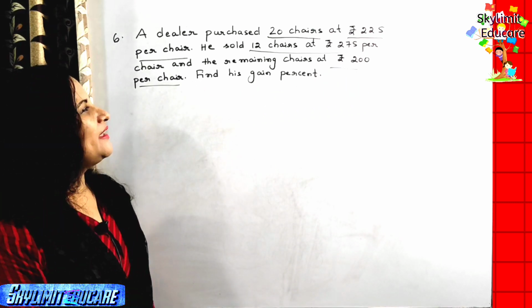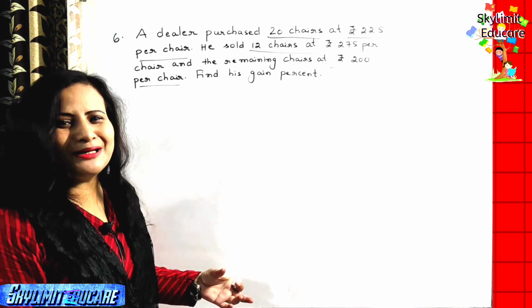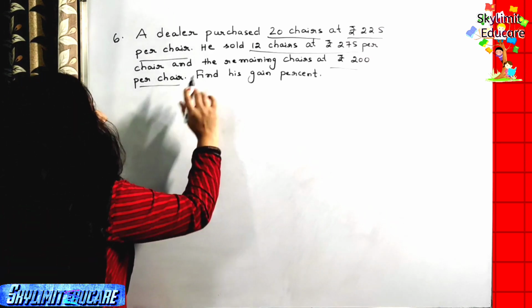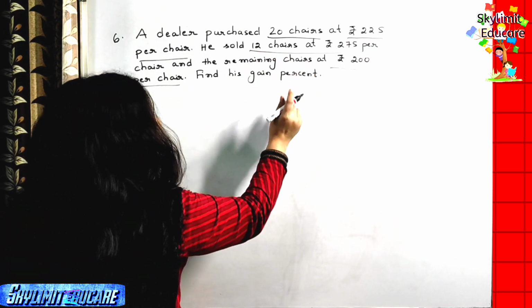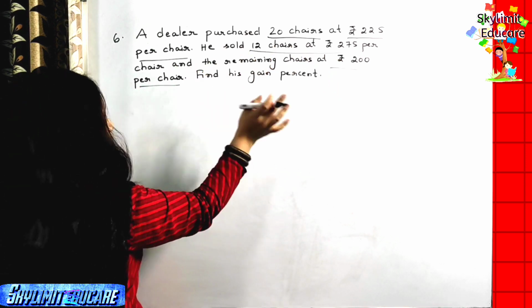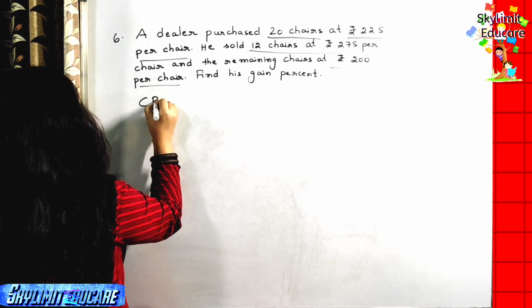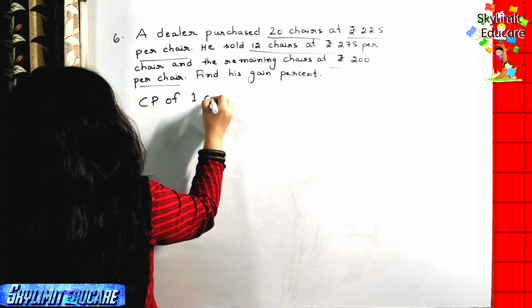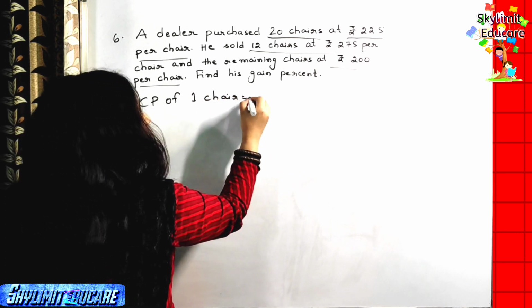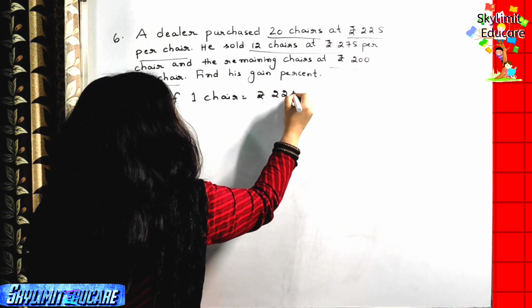So I think the idea of the question is getting clear to you. Let's start solving it. The dealer purchases 20 chairs at rupees 225 per chair. So the CP of one chair is rupees 225.